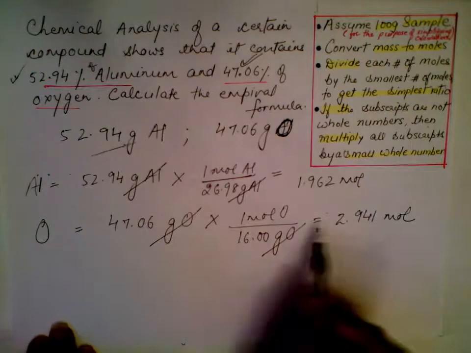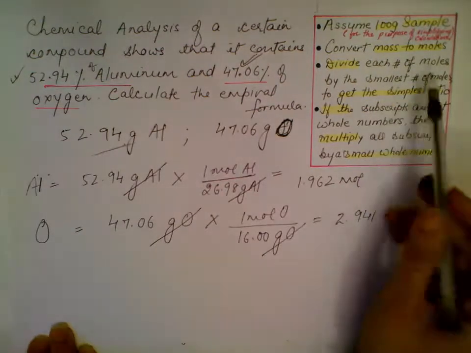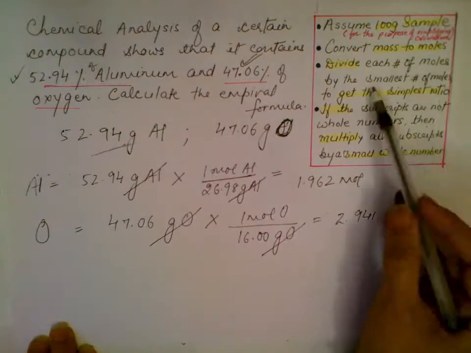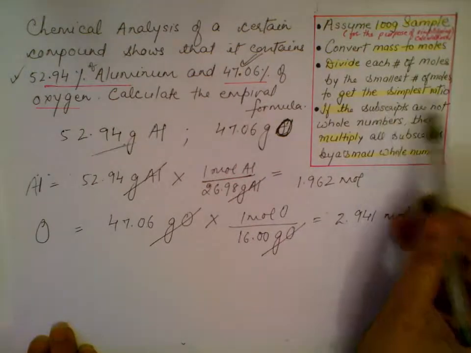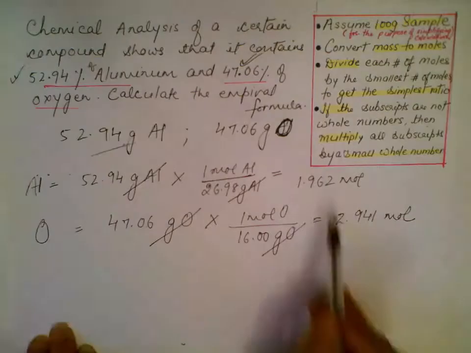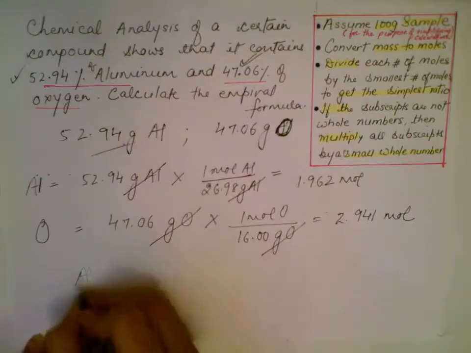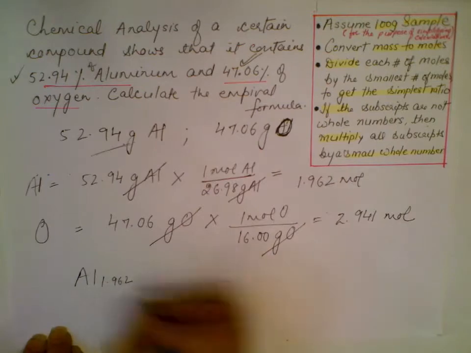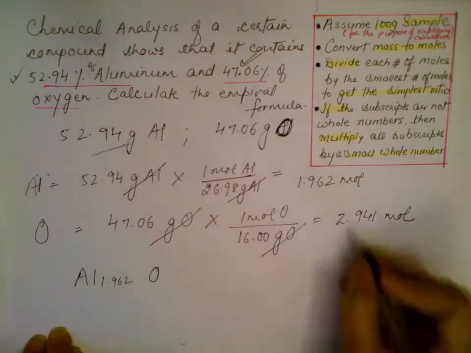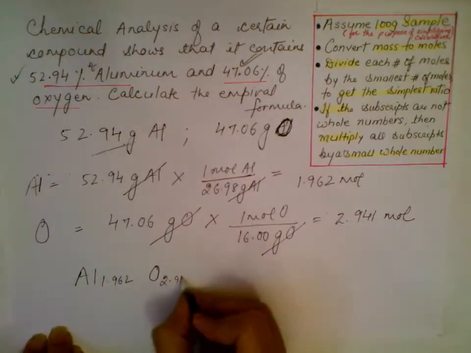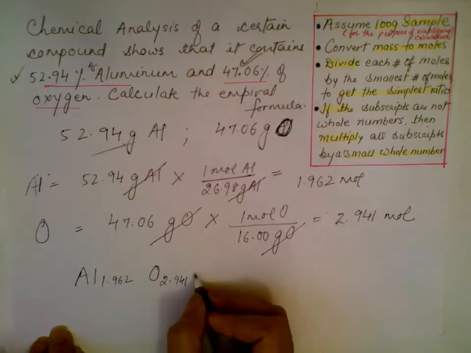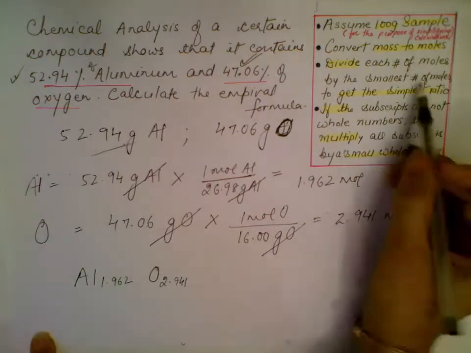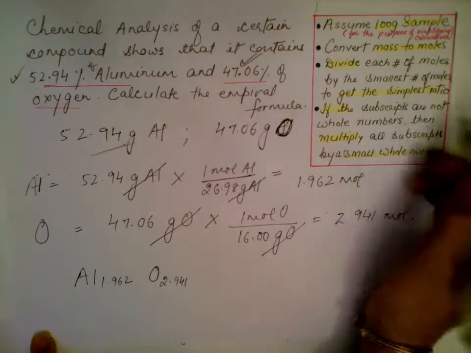Just make sure you're using the periodic table to get all these molar masses. Right, now the next step says divide each number of moles by the smallest number of moles to get the simplest ratio. So this is not the simplest ratio yet. For aluminum, how many moles did we get? 1.962. And for oxygen we got 2.941. To convert it into the simplest ratio, we are going to divide by the smallest number of moles.